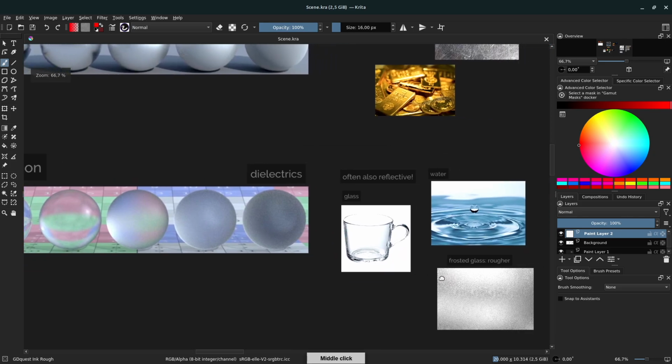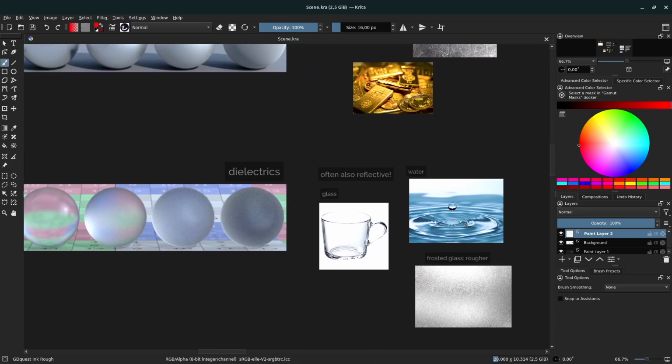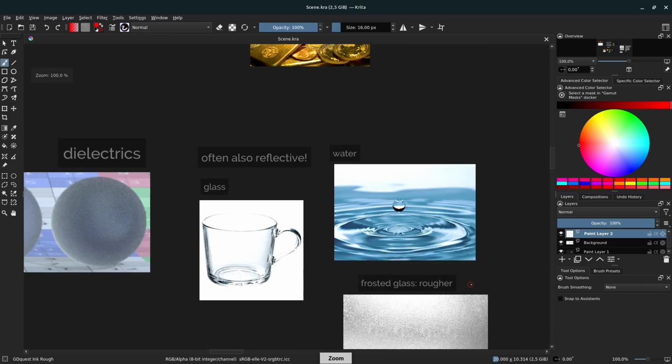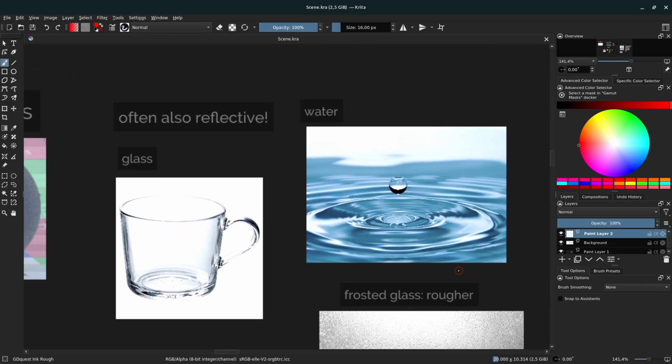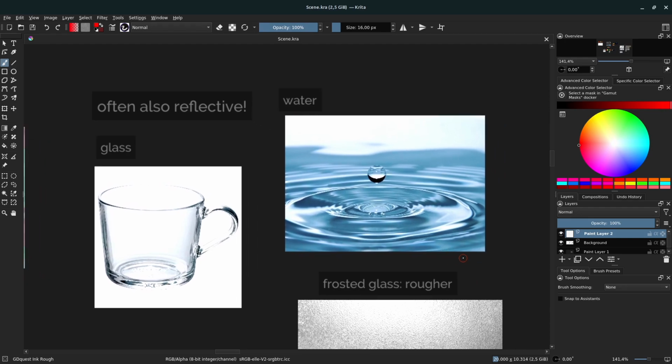And one important property to think about with refractive materials is that they are also reflective virtually all of the time. You can see through water and through glass, you can look at what's behind it, but you can also see yourself in it.